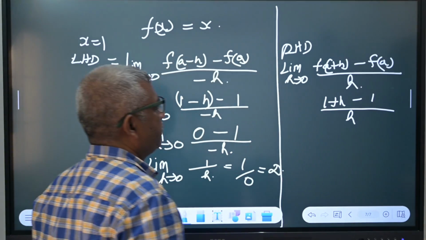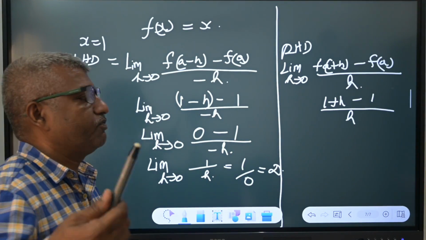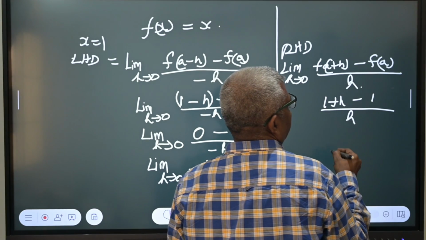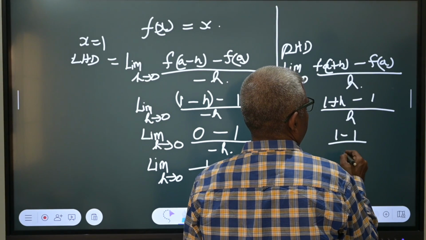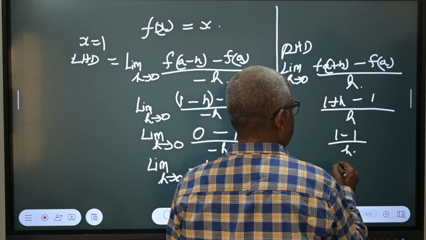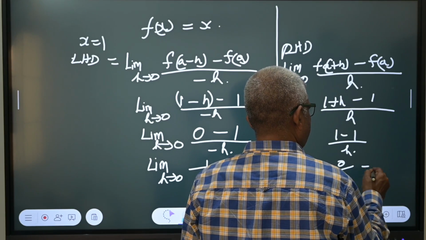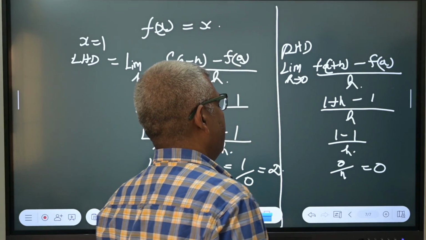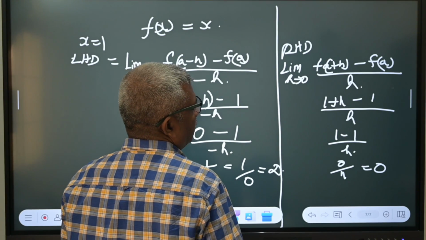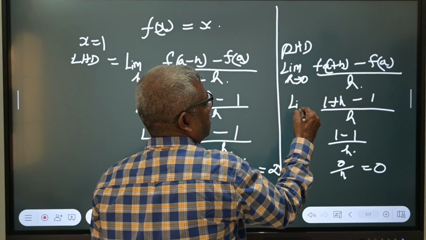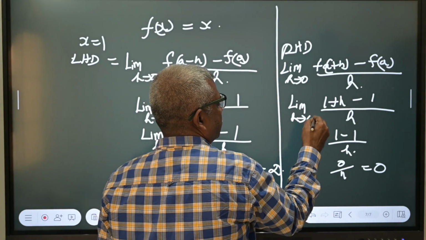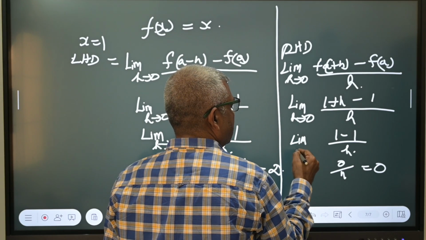So what will happen? 1 plus h is 1.1, for example, if h is 0.1. So 1 minus 1 by h, 0 by h is 0. h tends to 0.